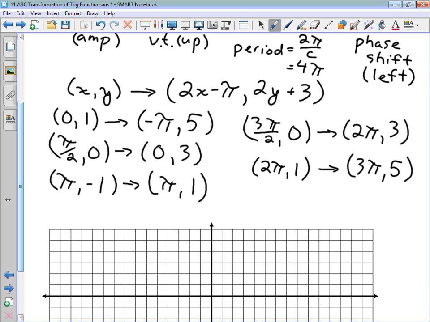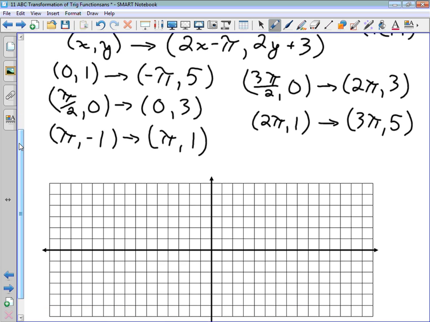And we want to plot these, and we want to make sure we scale our axes in such a way that we have enough room to fit 4 pi. Basically from negative 4 pi up to positive 4 pi, so a range of 8 pi in total. If I look at these numbers, all of my x values are multiples of pi.